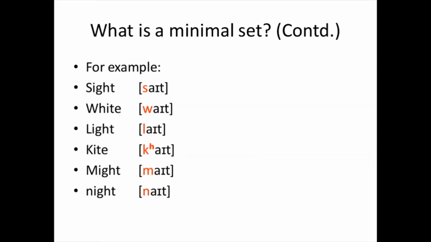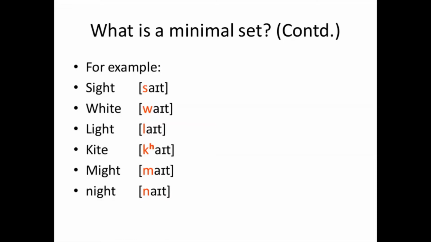So for instance, we have the words in the slide: sight, white, light, kite, might, and night. These words form a minimal set. Why? Because they are the same, their difference is in the initial consonant of the words.